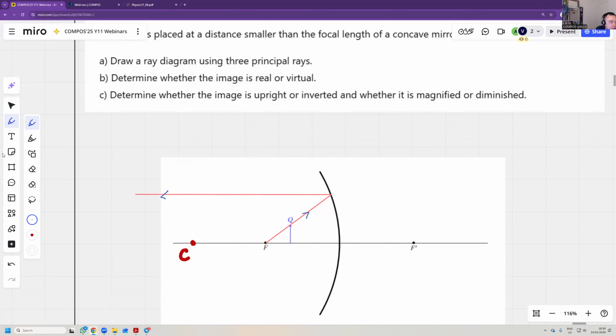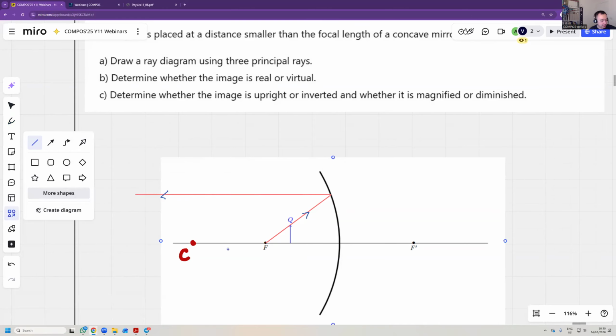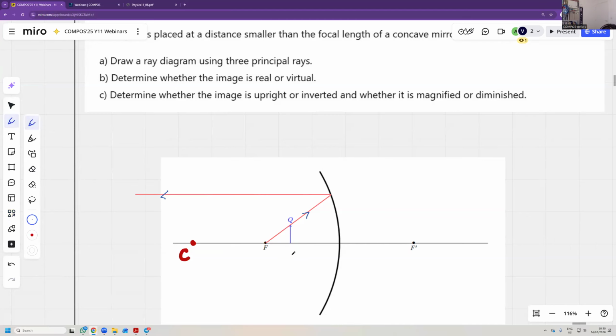The second ray, you can always draw a copy of Q. So you copy Q and draw it like this. Okay, I'm just going to use a ruler. Ta-da! So that's 1.7 centimeters.